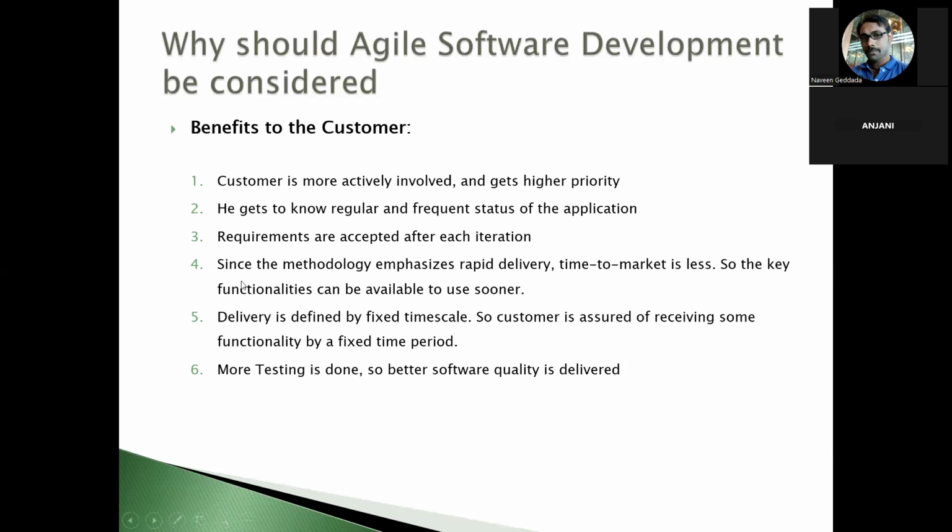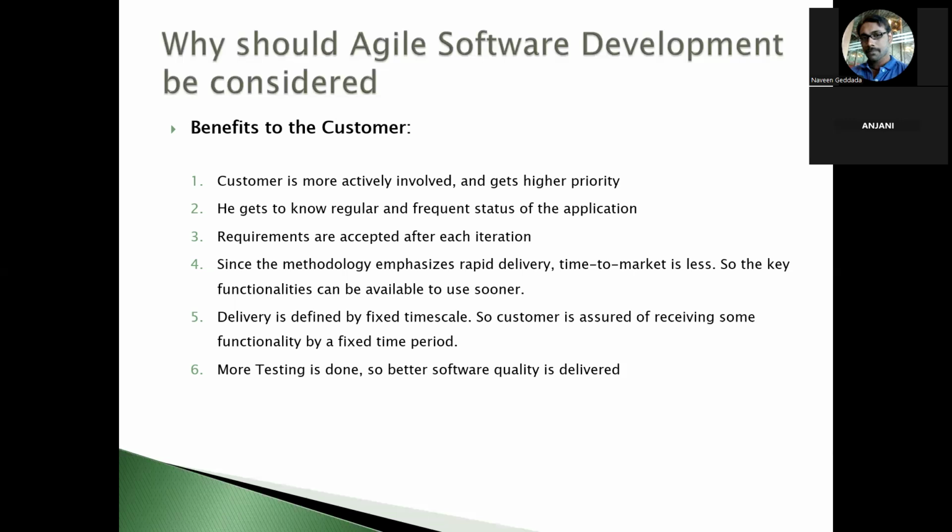You can see in the previous slide, we discussed that requirements can be considered as part of iterations. So the changes related to the requirements will be accepted for each iteration after completing each iteration. Delivery is defined by a fixed time scale, so the customer is assured of receiving some functionality by a fixed time period.